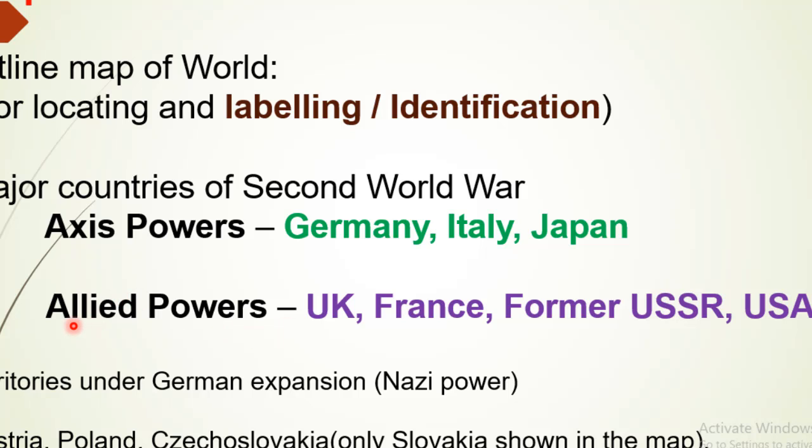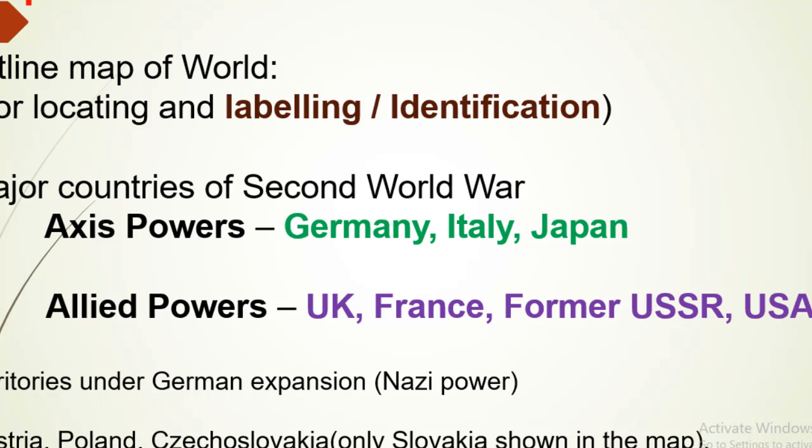And the countries which were part of Allied powers were UK, or you can say England, France, USSR and USA. So you need to mark or shade the 3 important Axis countries, or the Allied powers, England, France, USSR and USA.